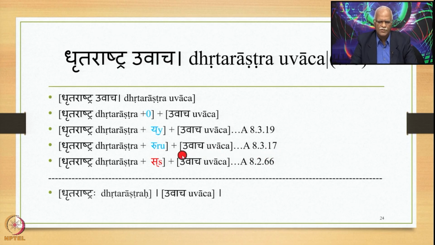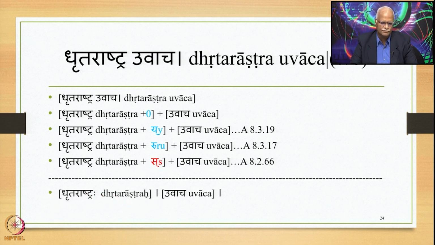And we also know that this Dhritarashtra plus ru is the output of Dhritarashtra plus sa plus uvacha in accordance with 8266, Sasajusho ruh. Now here there is no question of asiddhatva. The rules are followed in order. They apply in order.